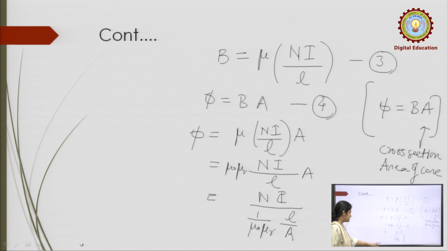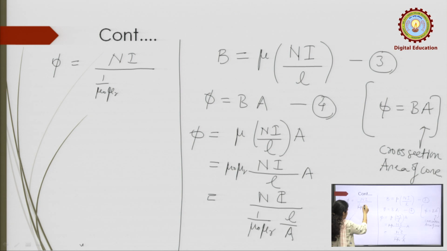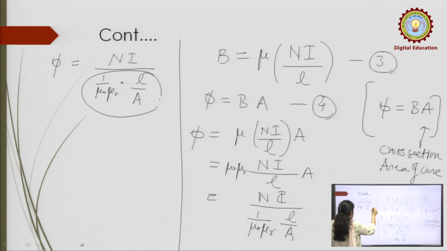This N I divided by 1 upon mu 0 mu r L by A, as mu 0 mu r is the permeability. So now we can see the flux is equal to N I divided by 1 upon mu 0 mu r into L by A. This is called the reluctance.